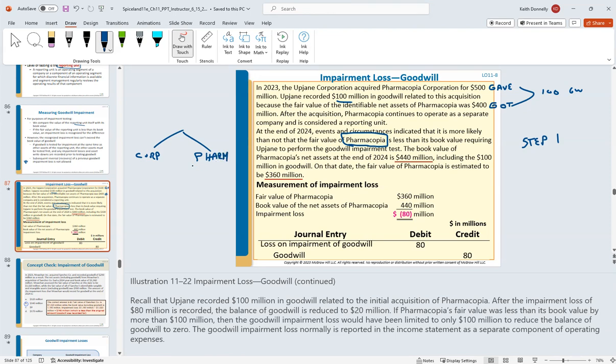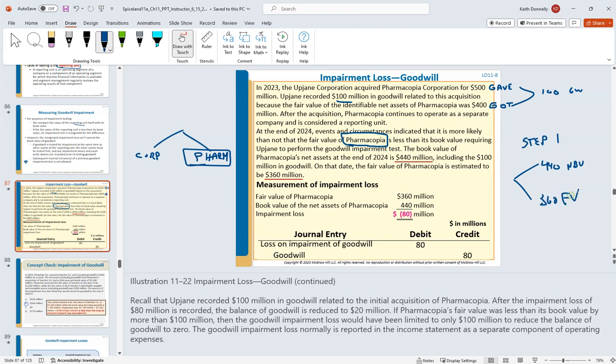These are different things, and they're testing it at the pharmacy unit. In this case, it looks like the book value of that pharmacy unit is going to be 440.